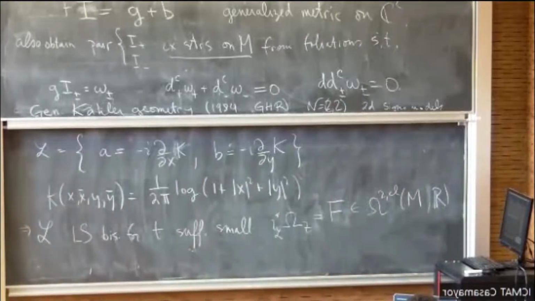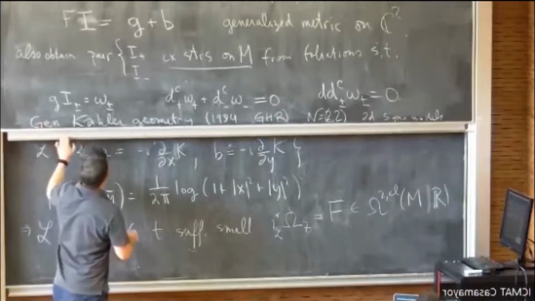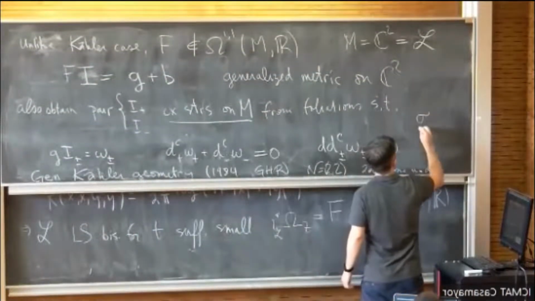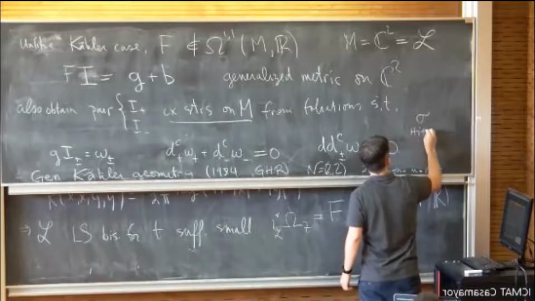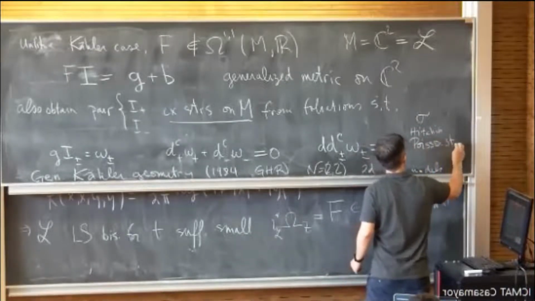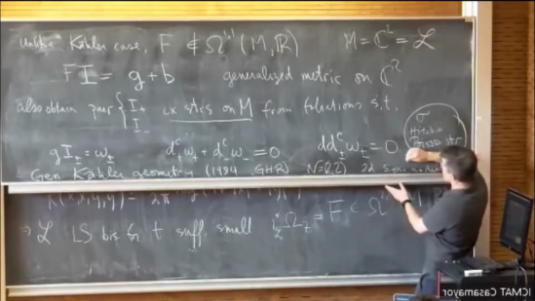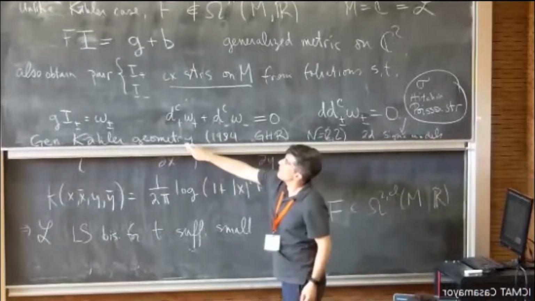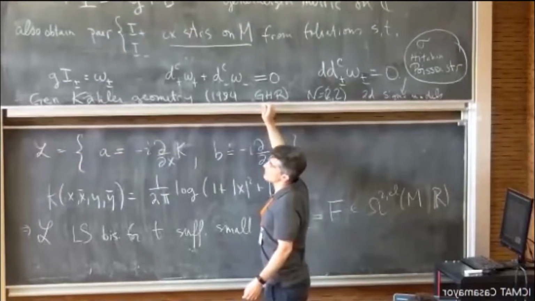Maybe the last thing I should say is that this Poisson structure is the Hitchin Poisson structure, which is part of this generalized Kähler geometry.